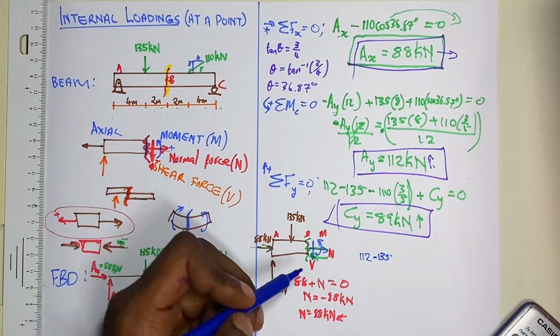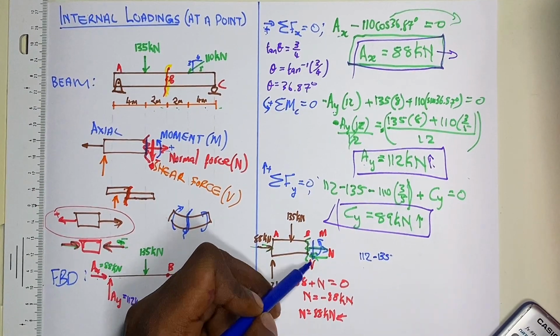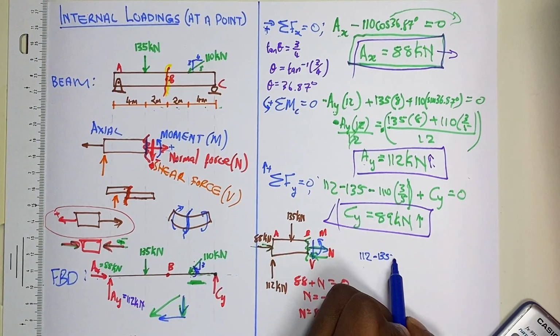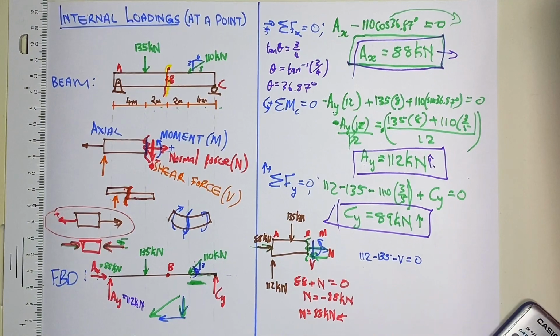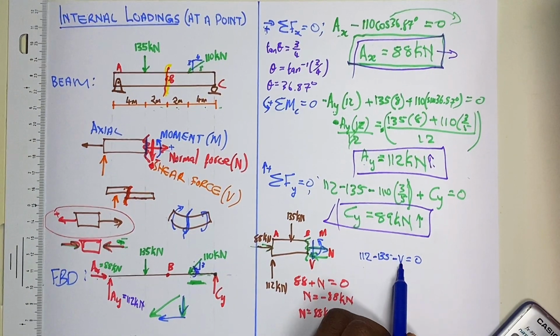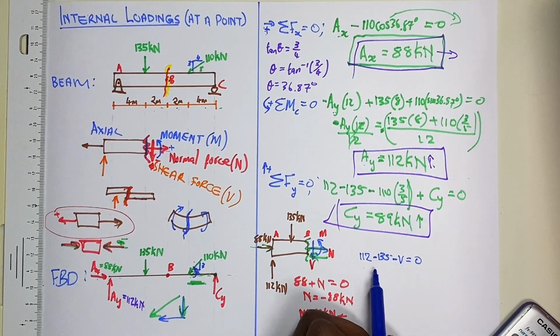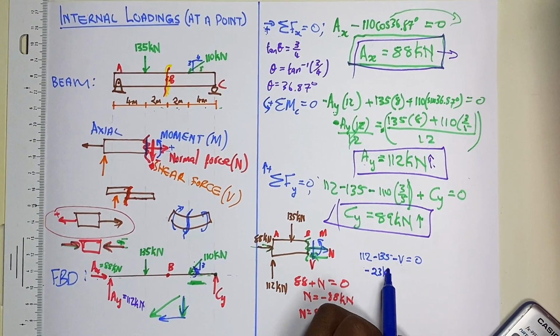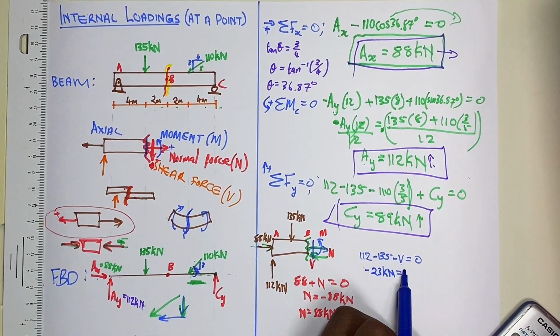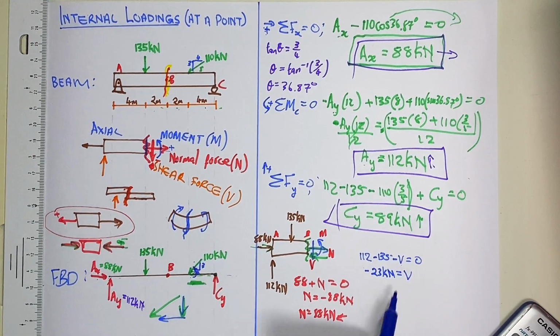And then we have our V, which is acting downwards, so I will take it as negative V. They must all be equal to 0. Now how much is V? Just moving V to the other side, I can see that V will be negative 23 kilonewtons.